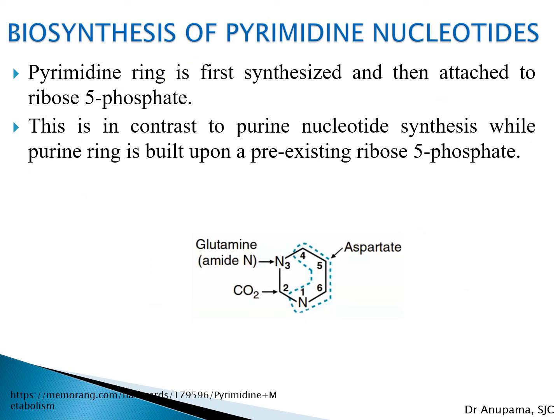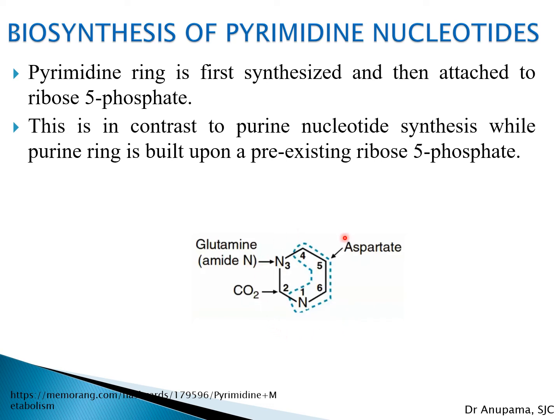The next part that we need to study is biosynthesis of pyrimidine nucleotides. The pyrimidine ring is first synthesized and then attached to ribose 5-phosphate, which is unlike the purine nucleotides. In purines, the ring is built on ribose 5-phosphate.